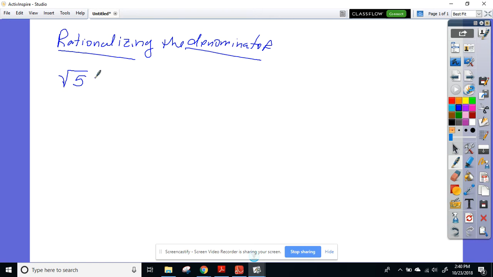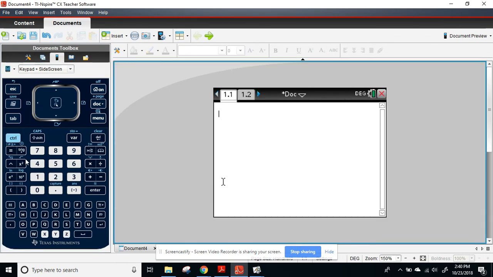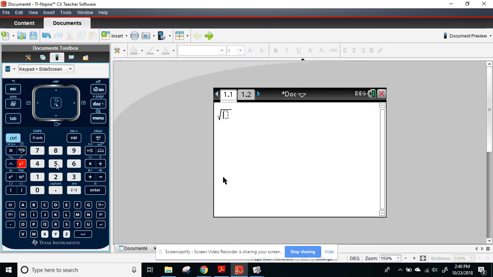Why? Because if we go to the calculator and we type in the square root of 5, it gives us some decimal values. It looks like it's exactly 2.23607, but it's not. It's a whole bunch of decimals beyond that.